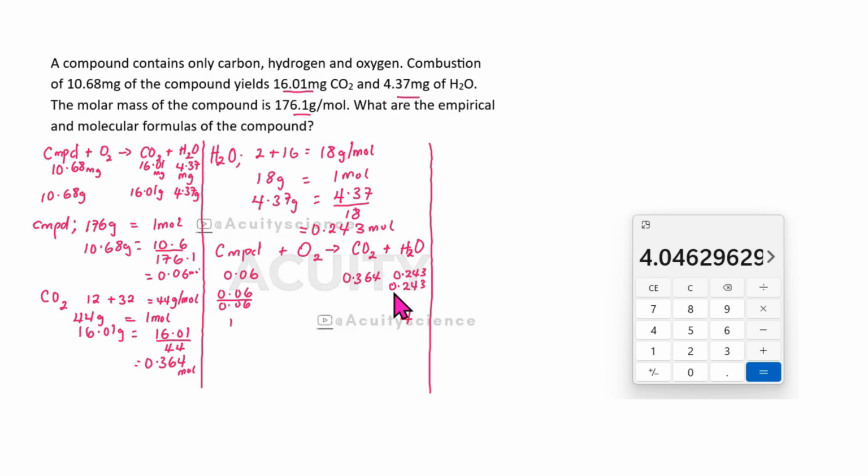Now for carbon dioxide, 0.364 divided by 0.06 gives 6.01, so let's call that 6.